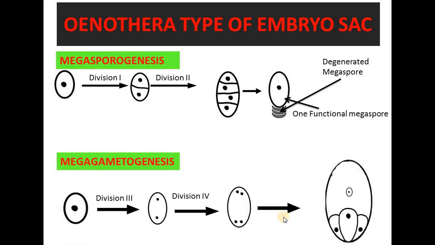And you can see here, now these 4 nuclei will be arranged in this manner. 1 will remain at the center of the cell and 3 will be at the micropylar end. So 1 egg cell and 2 synergids will produce the egg apparatus at the micropylar end, and 1 will remain in the center, while antipodal cells are absent in this case.